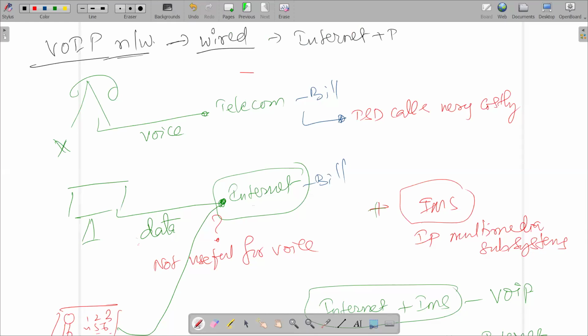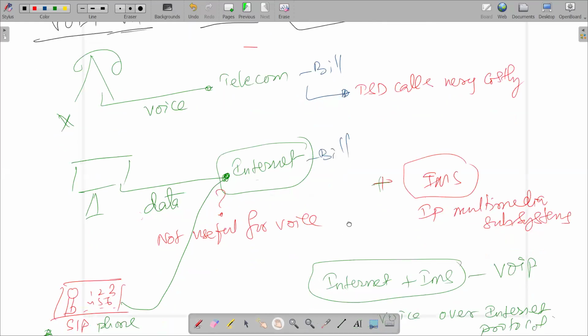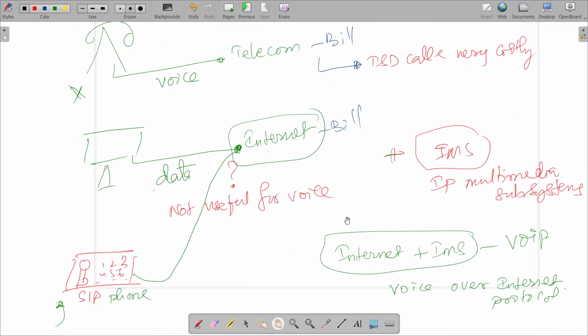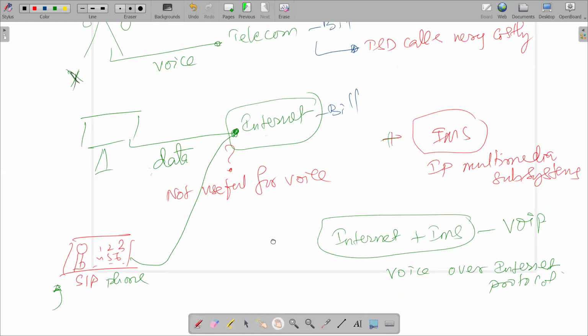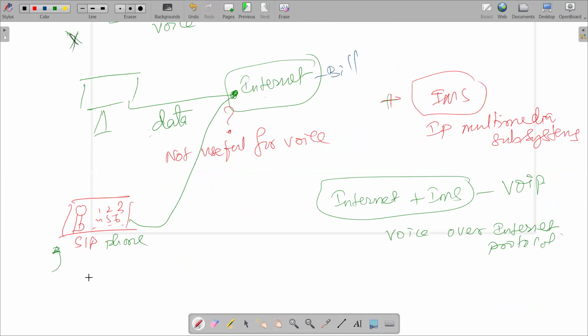IMS is a separate network which supports IP multimedia subsystems, but the base network is LTE. These are the SIP phones, session initiation protocol phones, and they still exist in some offices, not in homes. So the landline got eliminated, and people pay one bill.